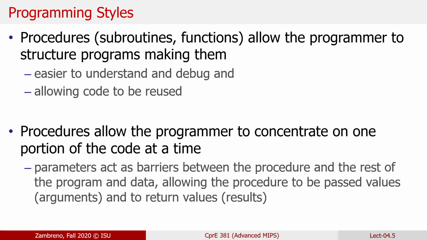Another way to think about it is it's sort of a barrier between blocks of your code. You're concentrating on the function that you're currently writing. You assume that somebody else is focusing on the function that they've written or are writing, and we just have a defined interface between the two. Primarily, that interface is to allow us to send it inputs, to pass it arguments, and to return results back, to return values back.